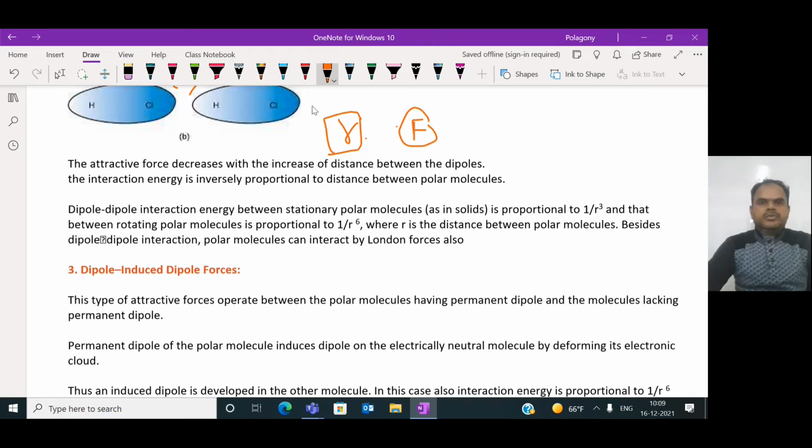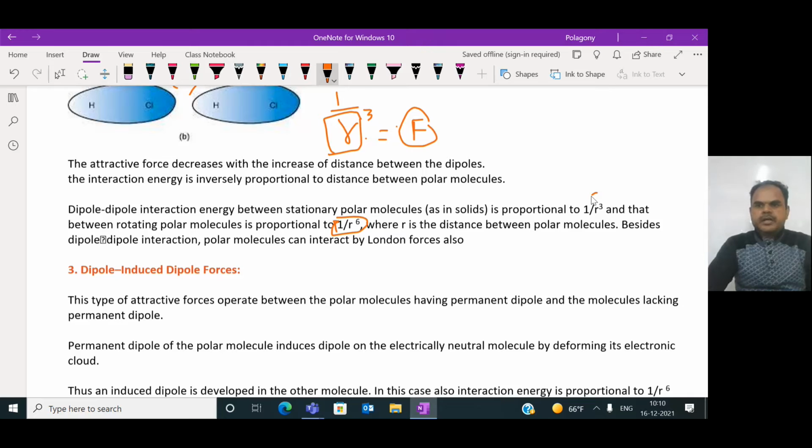The force is proportional to 1 upon r cubed if you consider stationary molecules, and 1 upon r to the power 6 if you take rotating molecules. That means the dipole interaction is 1 upon r to the power 3 for the stationary molecules in the solid, and 1 upon r to the power 6 for the rotating molecules.